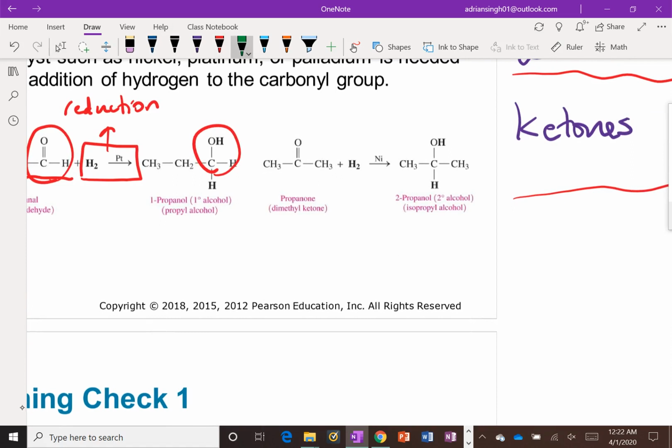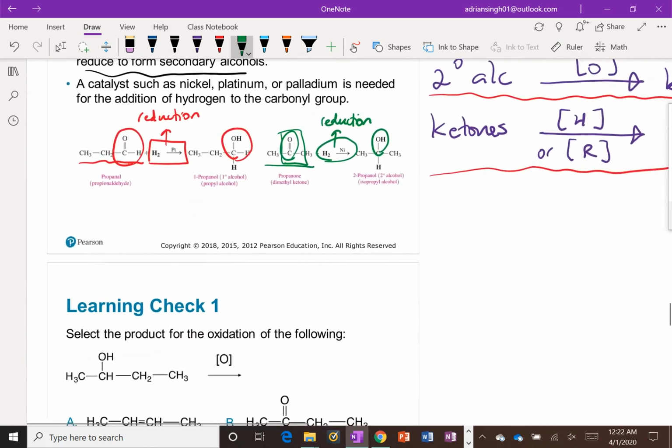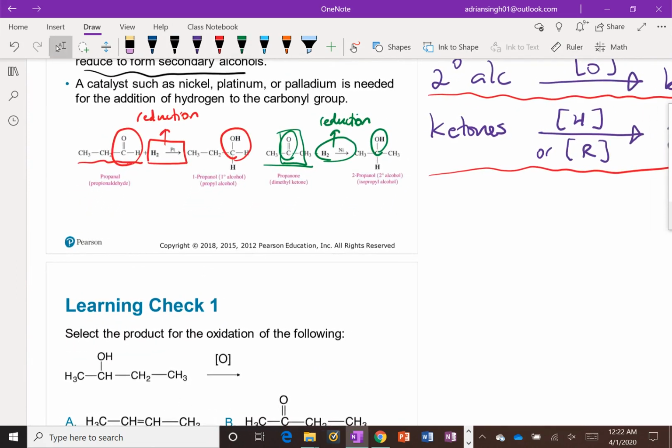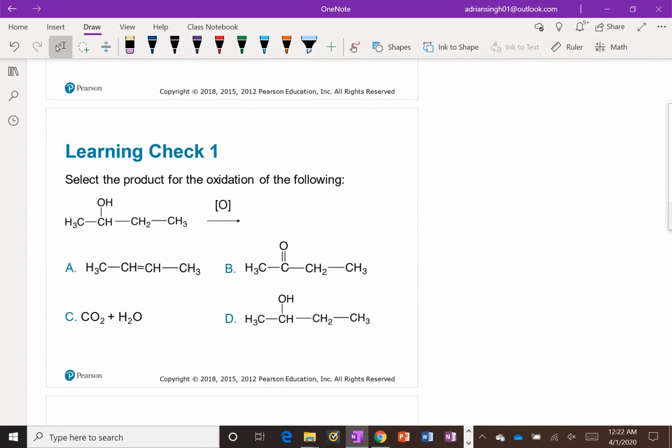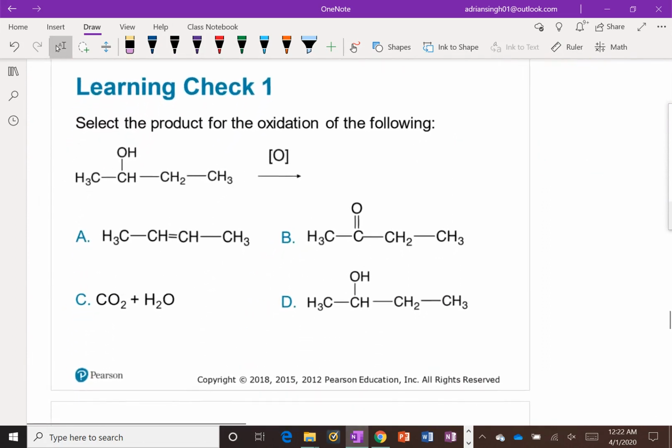Similarly, if we have a ketone, under the right conditions for reduction, hydrogen and a catalyst, we simply convert the carbonyl back into the alcohol, which in this case is going to be a secondary alcohol. Right, so it's just the opposite of oxidation of the alcohol.